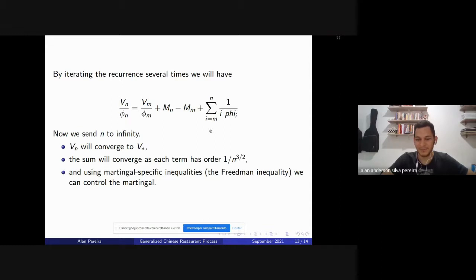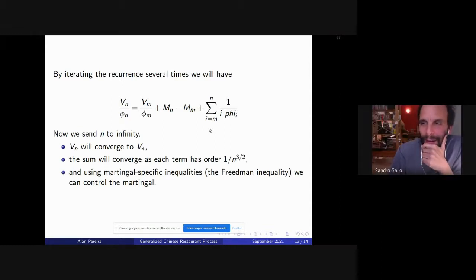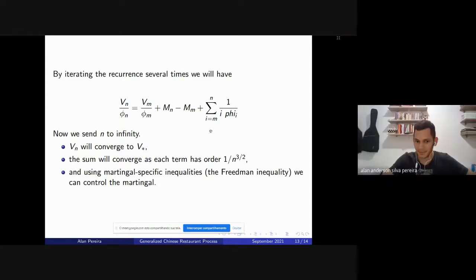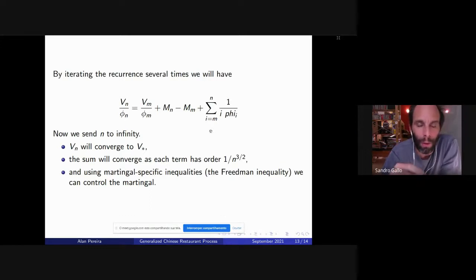Any other question? Alain, let me ask you, usually with concentration inequalities, in this case you know that you have an almost sure convergence to V star. So now you have concentration inequalities, which is very strong: the probability that for all time, forever, I will be close to V star at a certain distance.